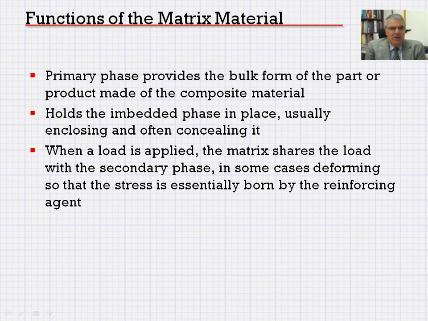So when a load is applied, what happens? I'm going to shortly take a look at the load diagram for the matrix, but at this stage it suffices to know that when we apply a load, the primary phase and secondary phase share the load.